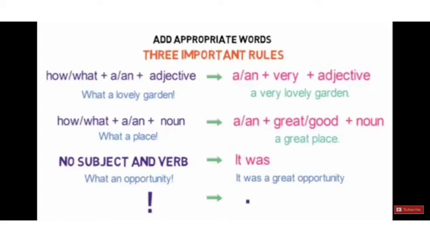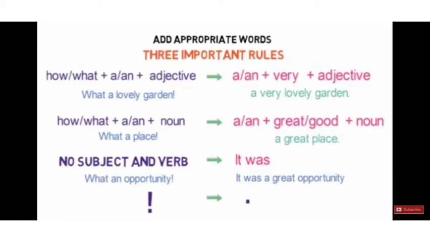Students, for understanding purpose, I repeat the same point here. If the sentence structure of reported speech is how or what plus a or an plus adjective, it will be converted into a or an plus very plus adjective.